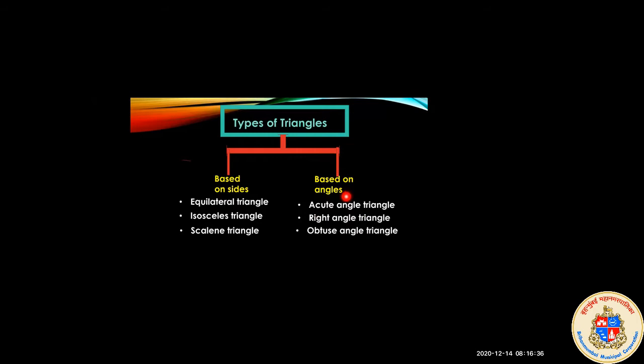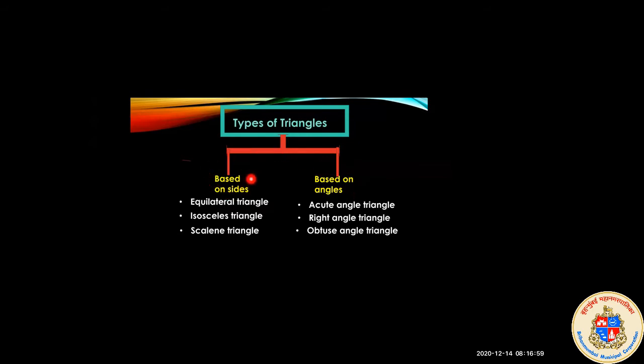There are three types of triangles based on angles, and three types based on sides. We will study all this in detail one by one. Remember, two types of triangles are there, triangles based on sides and triangles based on angles.